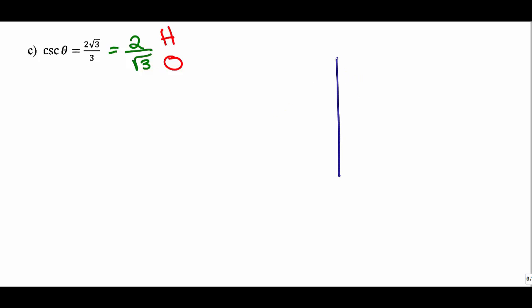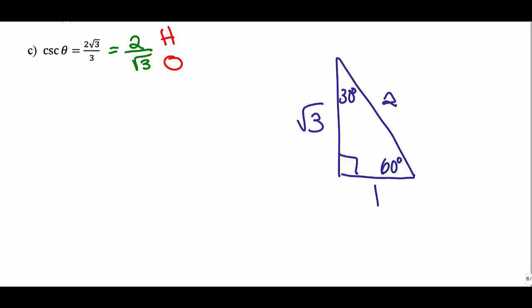So let's draw our special triangle, and this will be the 30, 60, 90. So the hypotenuse is 2, and let's go ahead and draw on our angles. So this will be 30 degrees, this will be 60 degrees. Across from the 30, we know we always have the value of 1, and across from the 60, we have the square root of 3.